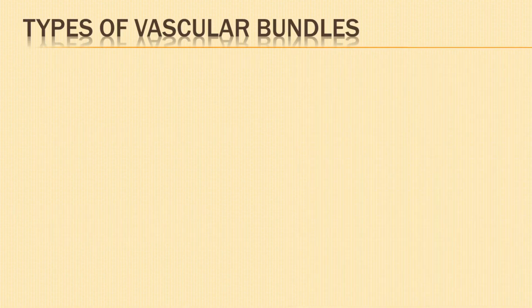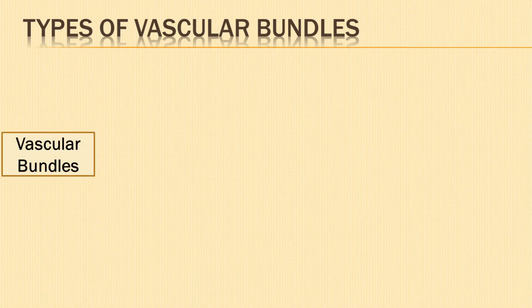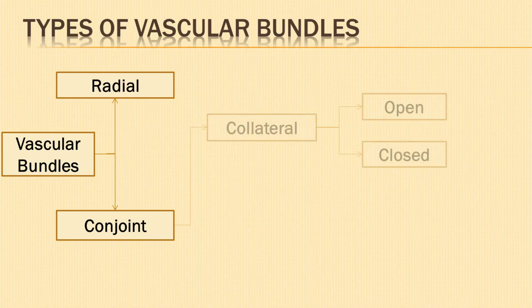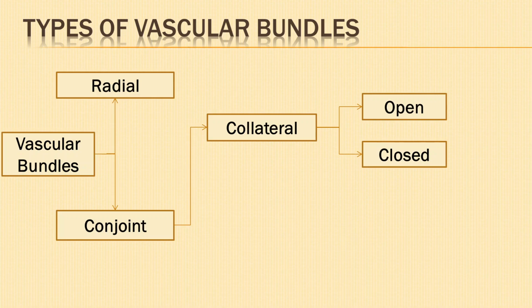Finally, let us understand the different types of vascular bundles. According to the arrangement of xylem and phloem, the vascular bundles are of the following types: radial vascular bundle and conjoint vascular bundle. Conjoint vascular bundle may be open collateral vascular bundle or closed collateral vascular bundle.